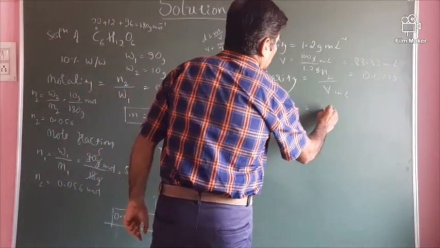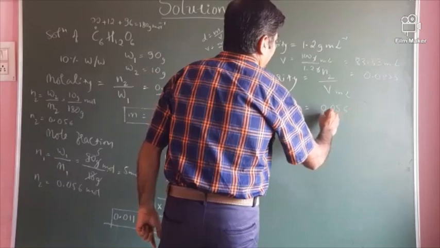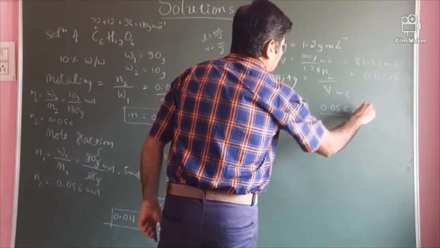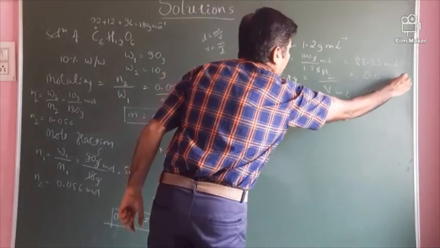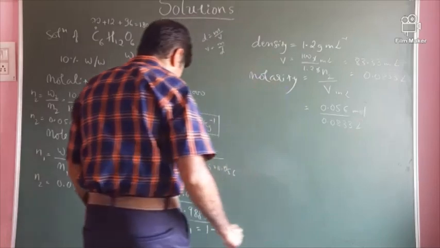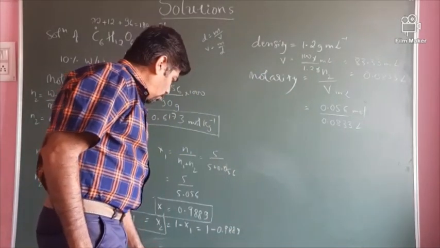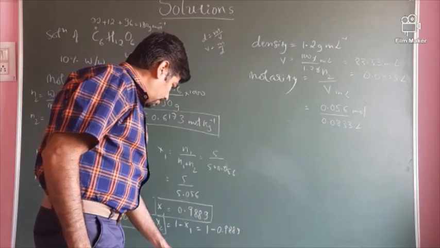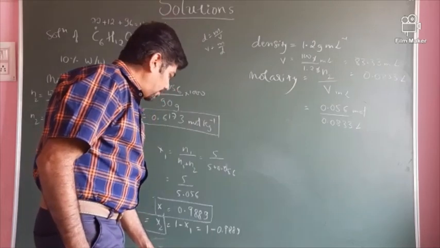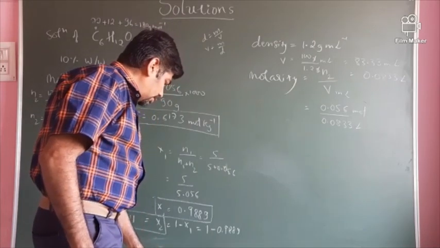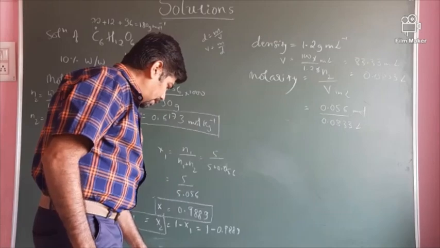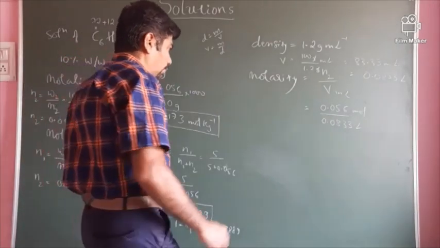0.056 moles divided by 0.0833 liters. So simply 0.056 divided by 0.0833, that gives me 0.672.